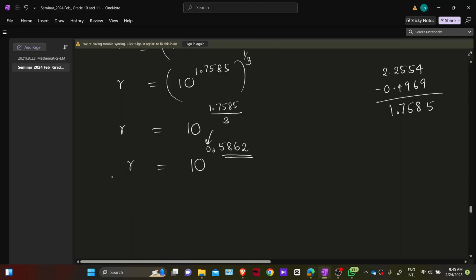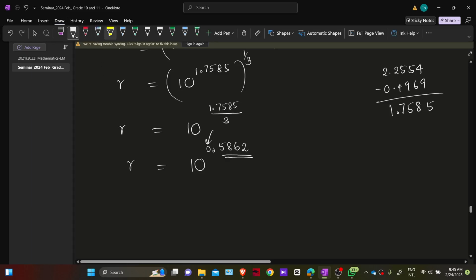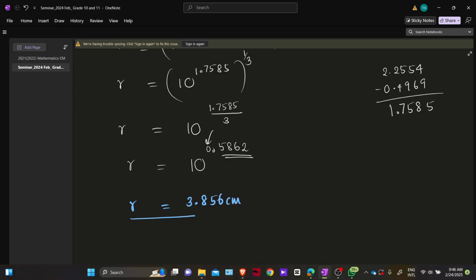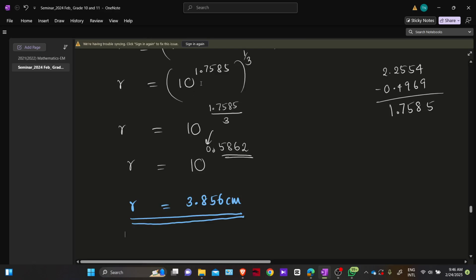So the answer will be 3.856 in centimeters. Clear? Right.